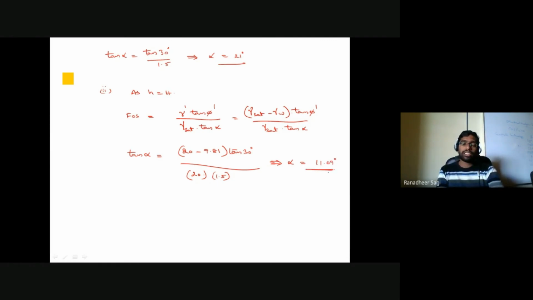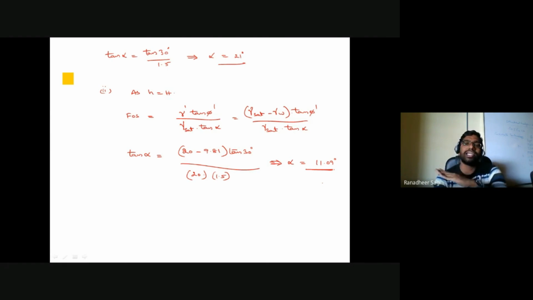And if you understand here, what we see is that because of the rise in water level to the ground surface, the slope angle you can have for your infinite slope to give a factor of safety of 1.5 can be at most 11.09 degrees.